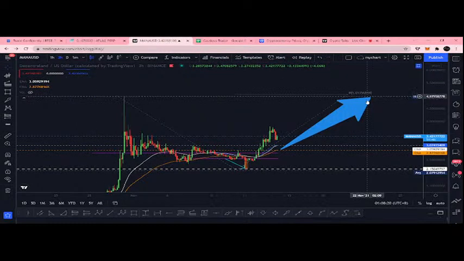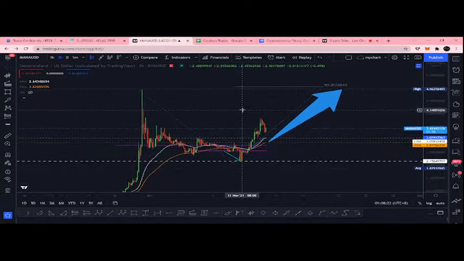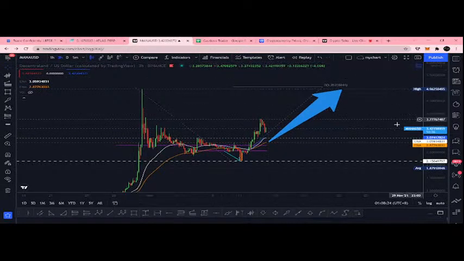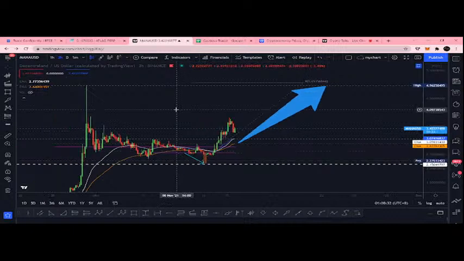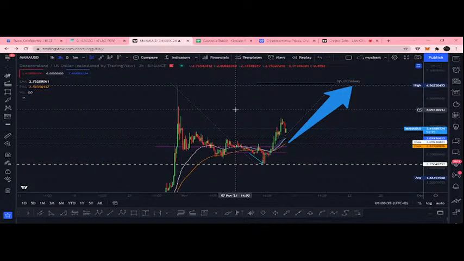This is in confluence with all the indicators that I'm using. That's why I went long, which I think will also be a strong buying or long position. So thanks to MANA for my gains today.